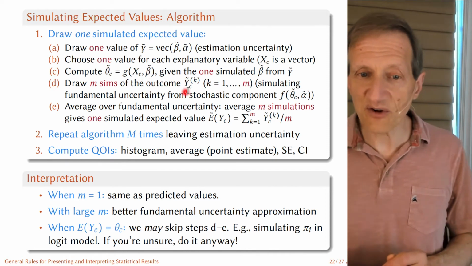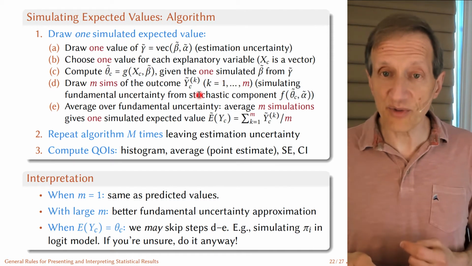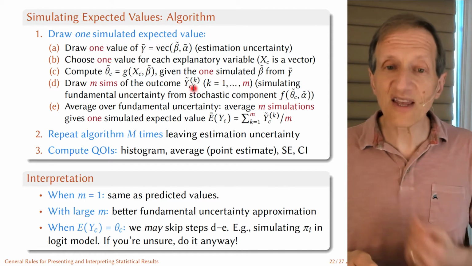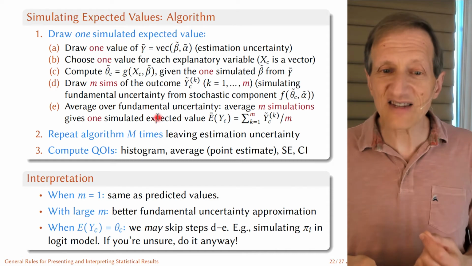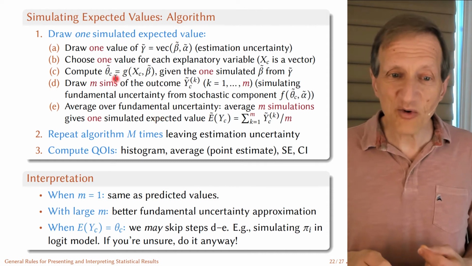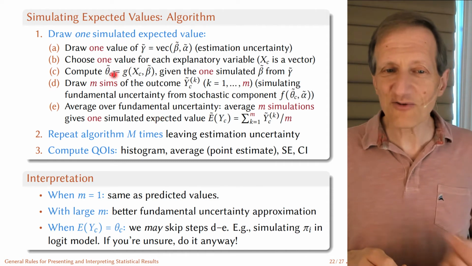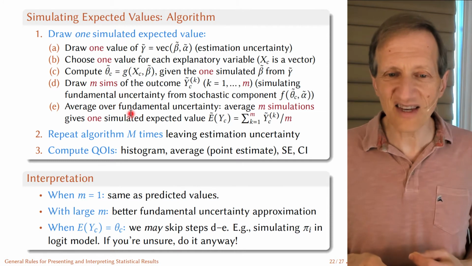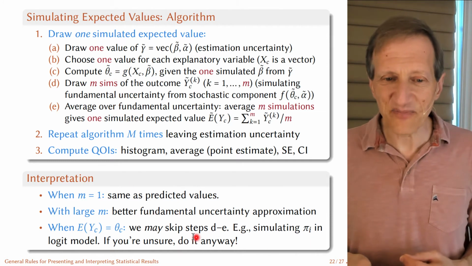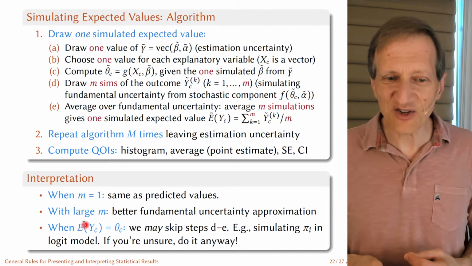Where would we get the zeros and ones? From the Bernoulli distribution. But if we simulated the zeros and ones, and then in step E took their average, we would get back to pi here. So there isn't really any point in doing D and E, because these two things are the same.